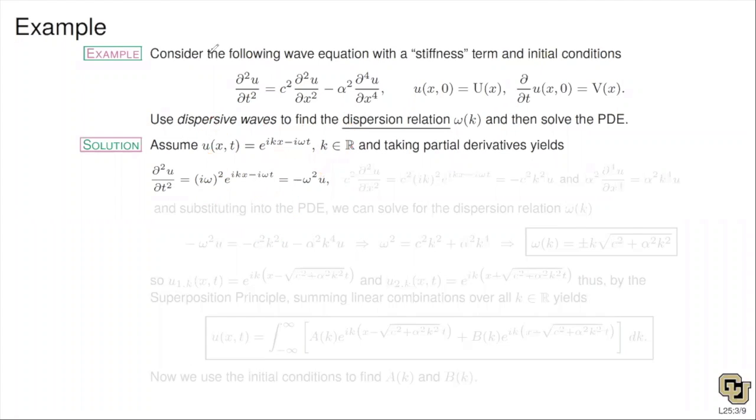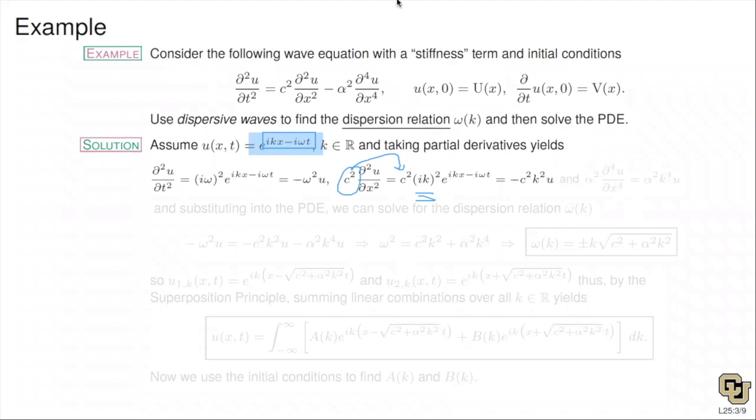And similarly, I calculate this second spatial derivative with respect to x here. So now we're looking at this function, take the derivative with respect to x. You look at the exponent, anything that's not an x will differentiate to 0. So it's just the ikx that survives, and we differentiate it twice. We get 2 copies of ik, so I get an ik squared when you take the derivative with respect to x. The c squared is being multiplied from the PDE.